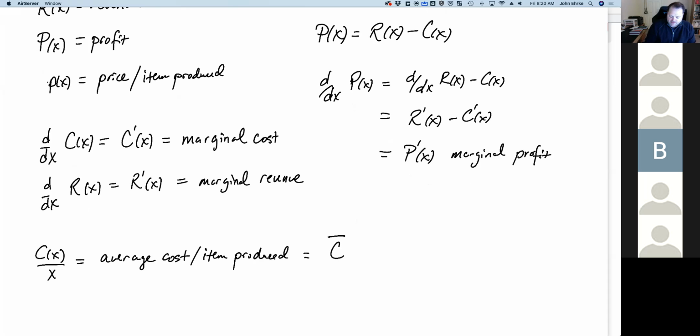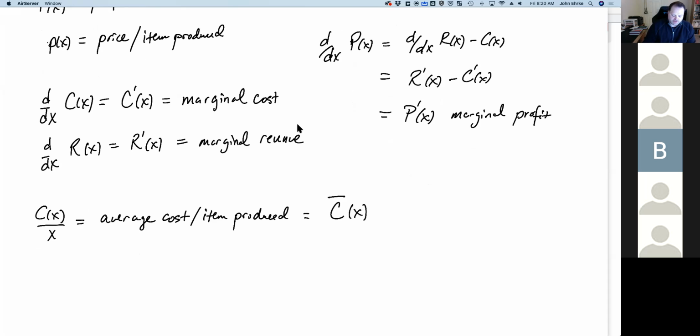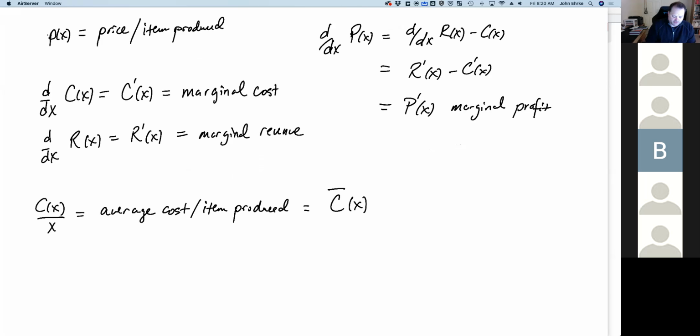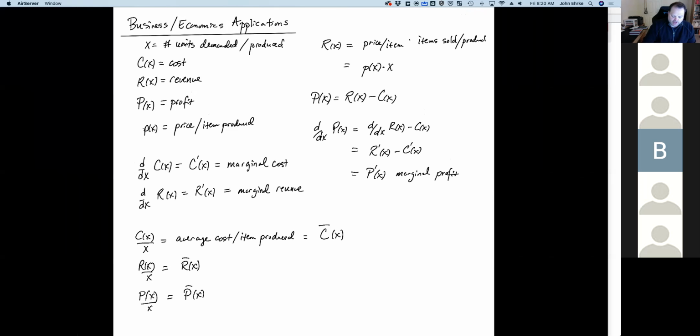Oftentimes when we talk about averages in math, we'll put a bar over the variable here. So average cost. And I could do this with any of them. Average revenue and average profit. So all of these quantities we want to kind of keep in our back pocket and look at some problems that discuss and or leverage these.